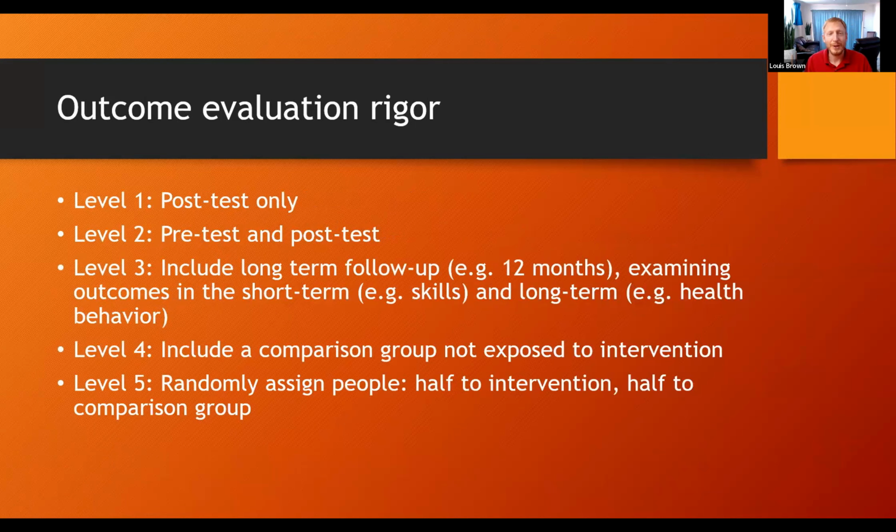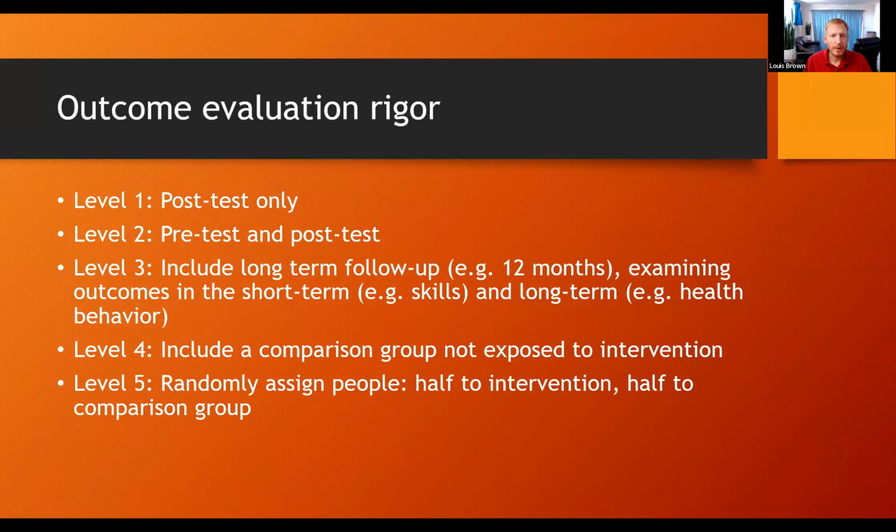Okay, so this is my informal approximation of varying levels of rigor for outcome evaluation work. We're looking to see if a particular intervention is reaching or helping people in the way you hope it is.